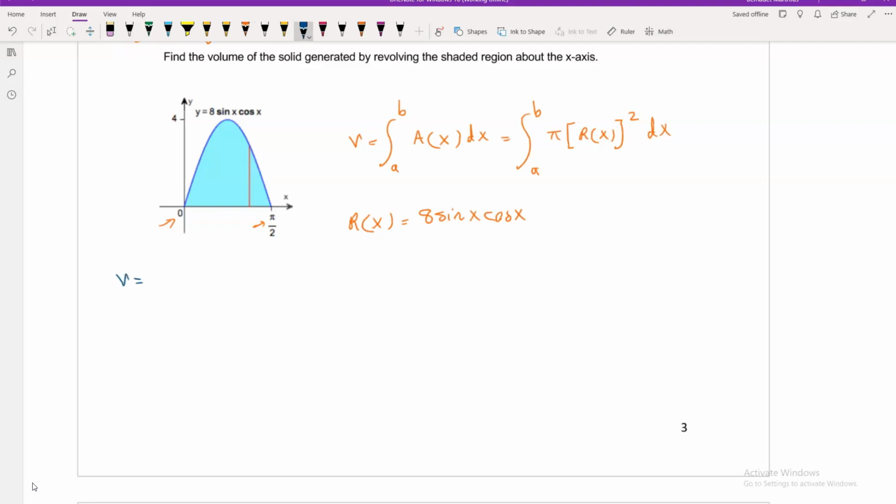Our volume is the integral from 0 to pi over 2 of pi times (8 sine x cosine x) squared dx, and this is equal to the integral of 64 pi sine squared x cosine squared x dx.